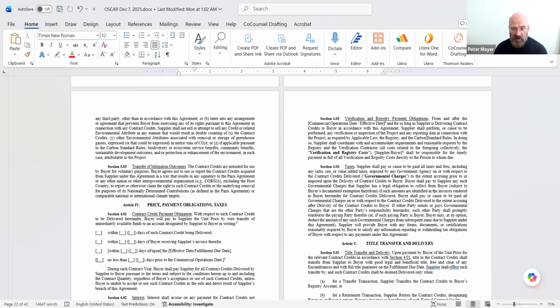A buyer might want to know, where's this project at? And as in any contract, it's always very important to point out that transparency is key, and there needs to be good communication between the parties involved.